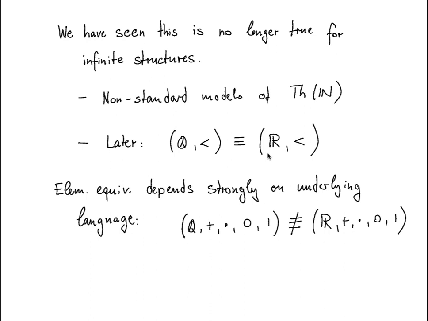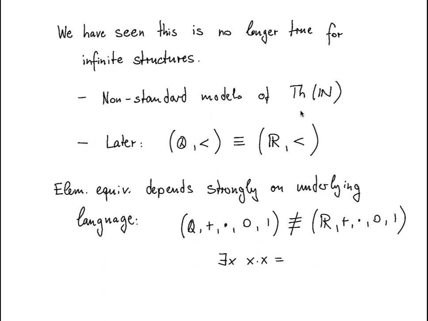And we see directly also that elementary equivalence depends strongly on the underlying language, because if I look at Q and R not as orders, but as fields, they no longer are elementary equivalent. One example that separates the two structures would be: there exists an x such that x times x is equal to 1 plus 1. So R has a square root of 2, Q doesn't.